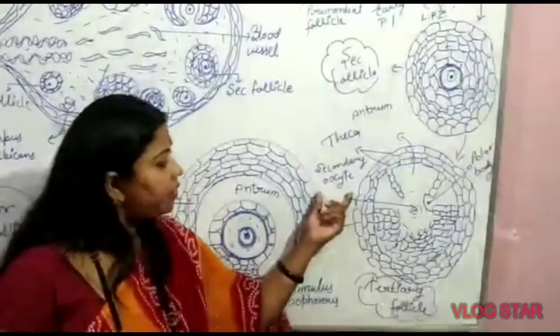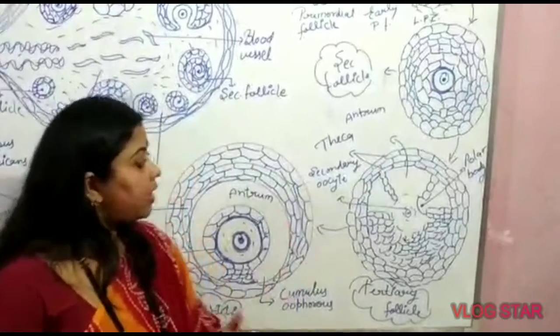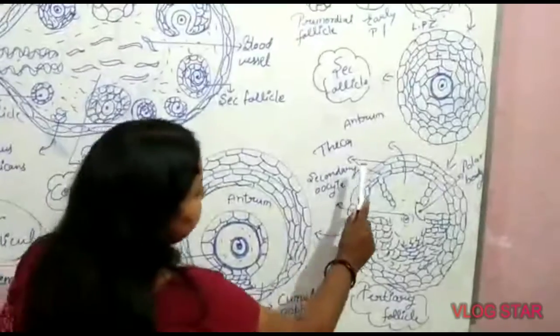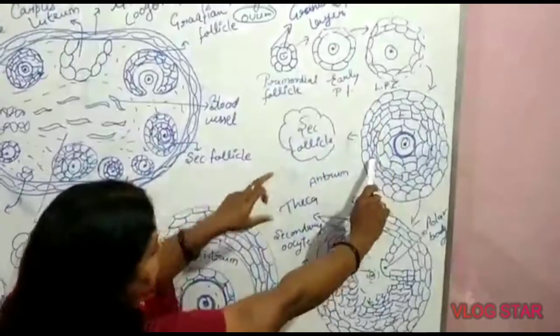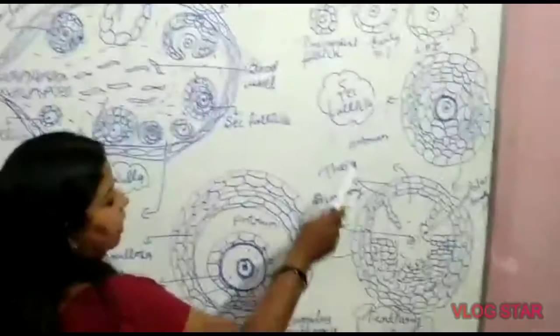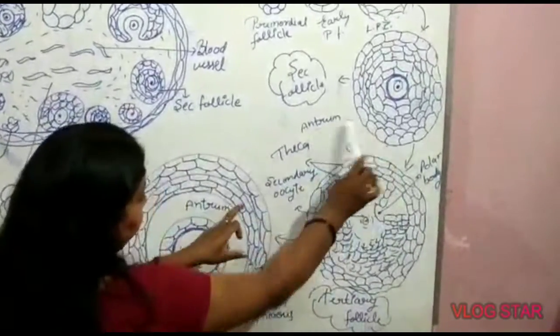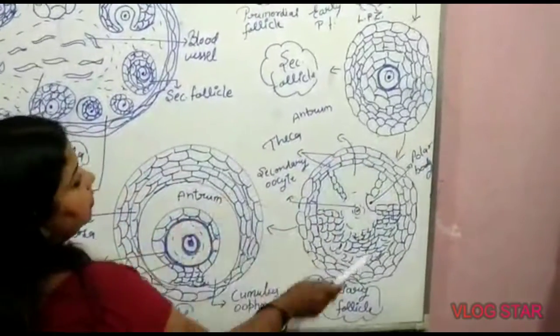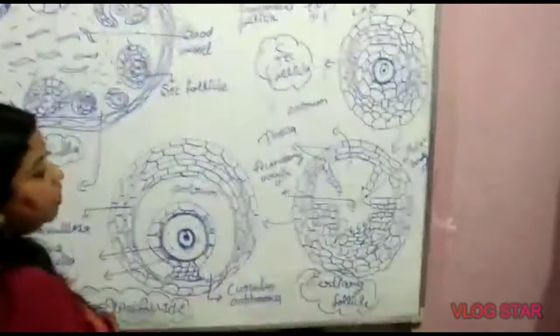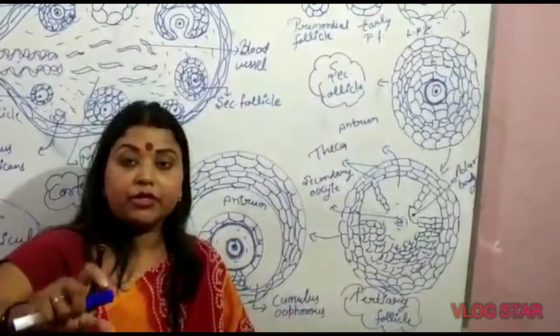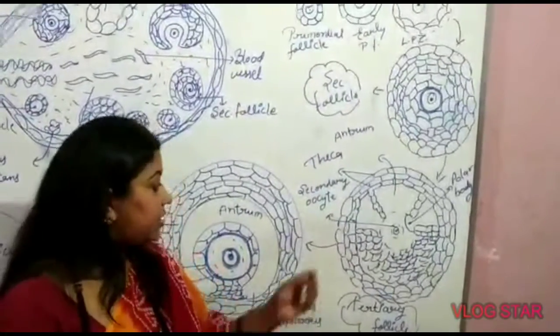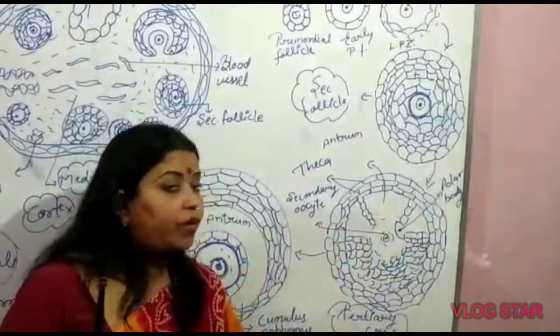How does this secondary oocyte form? It forms when the primary follicle matures into the secondary and tertiary follicle. At that time, meiosis I of the follicle is completed, resulting in a secondary oocyte and one polar body.